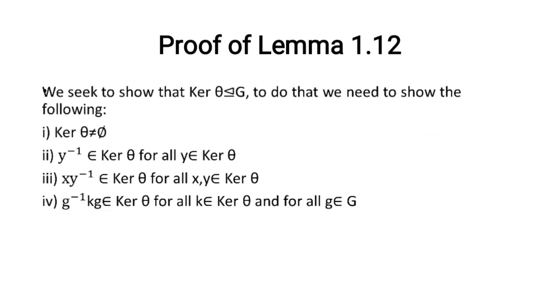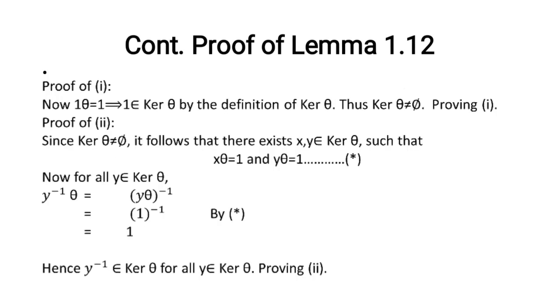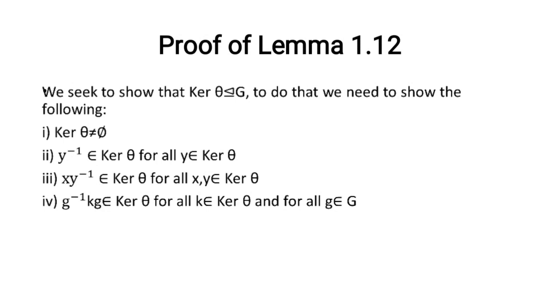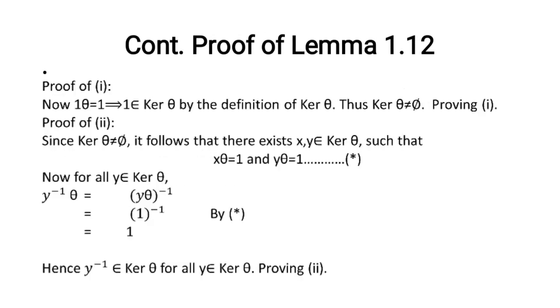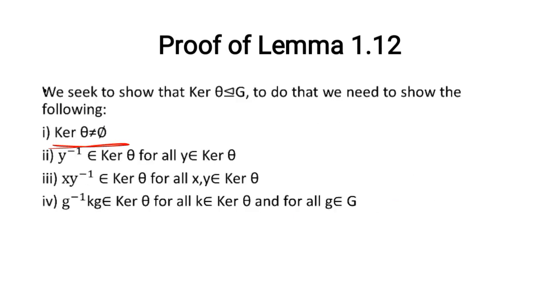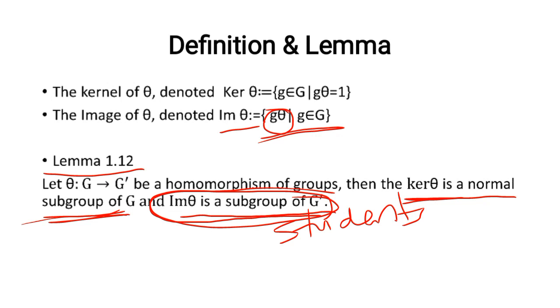So we want to take the first one now. For the proof of the first property, that the kernel of theta is not empty, this is true because we have already shown in one of our previous lemmas that 1 theta equals 1. That is, 1 is always taken to 1. And remember the definition of a kernel. We said the kernel was a collection of all elements mapped to 1.